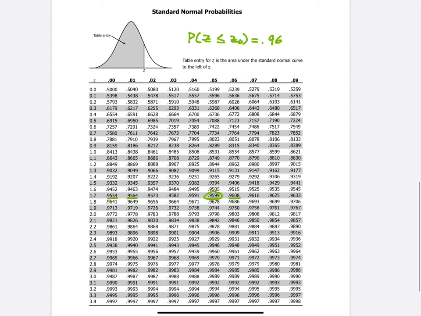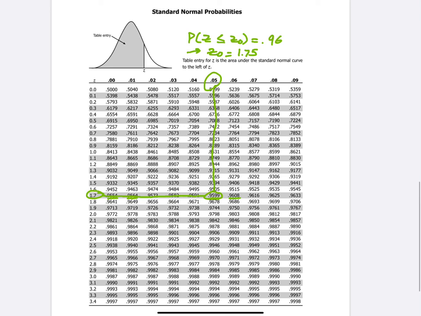In order to find the z value, you trace it horizontally to get 1.7, and you trace it vertically to get 0.05. And so the z0 that we're interested in is going to be equal to 1.75. At this point, maybe you should pause the video, rewind it if you want, and make sure that you understand what we're doing here.